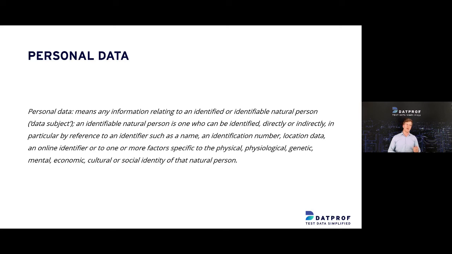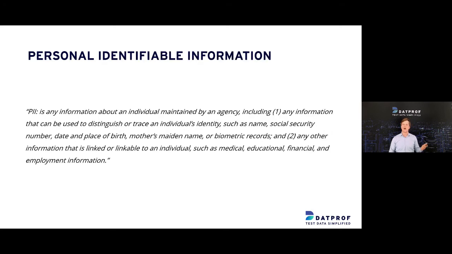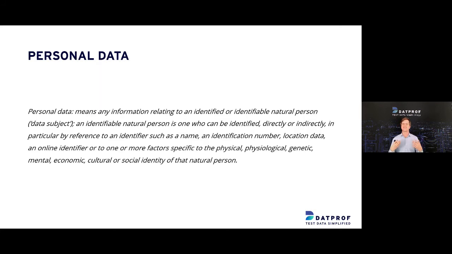But instead of with the PII data, they're talking about an individual, for example. In the personal data, they talk about a natural person. In the GDPR, they are talking about identifiable or identified, indirectly related to an individual person or a natural person, I should say. In the PII data, it's more talking about linkable and unlinkable. So there are some small differences.